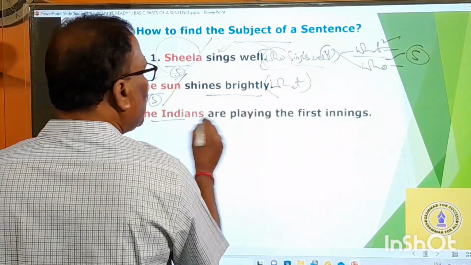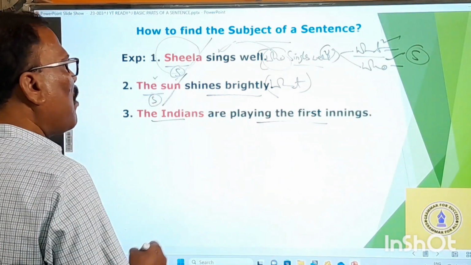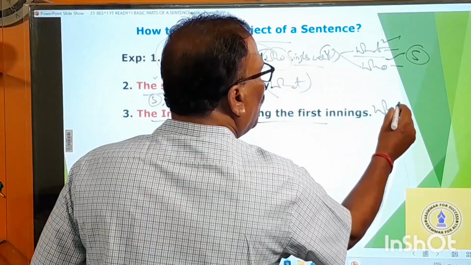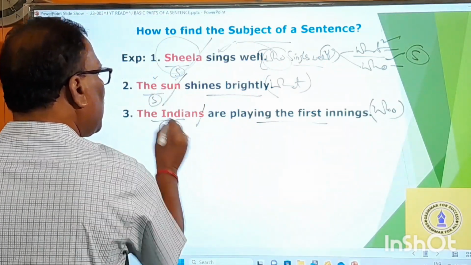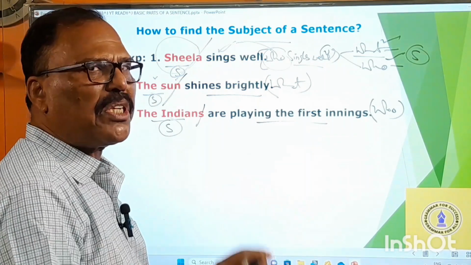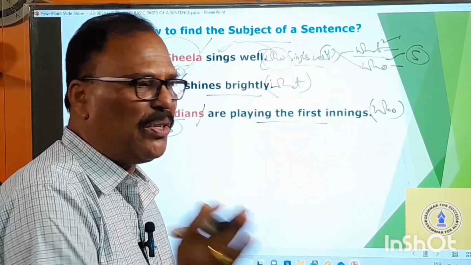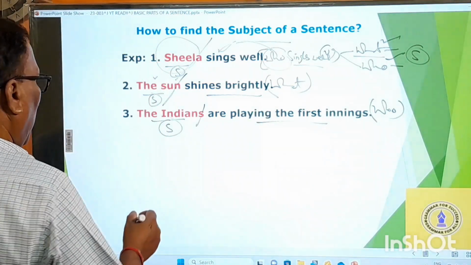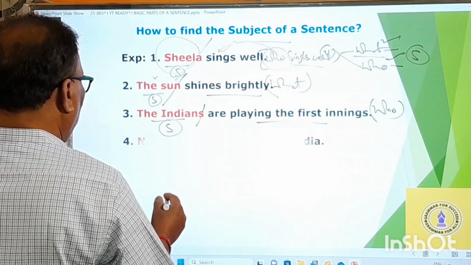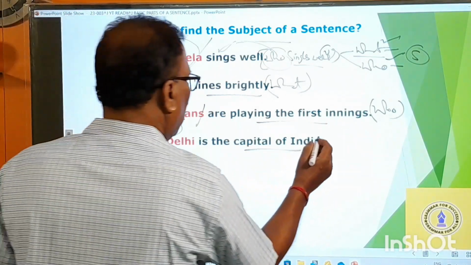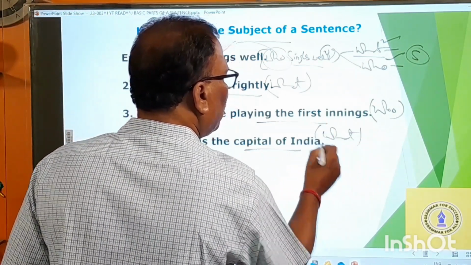Similarly, the Indians are playing the first innings. Who are playing the first innings? Here you ask, who? Then you find the Indians. This is subject part. To find out the subject part is very easy. Question the verb with what or who, then you get the subject part. Okay. And here, what is that? New Delhi is the capital of India. What is the capital of India?